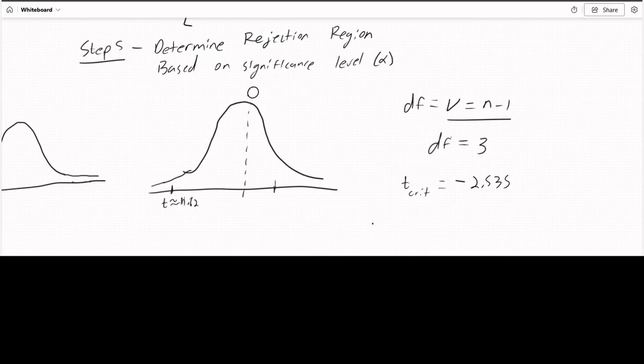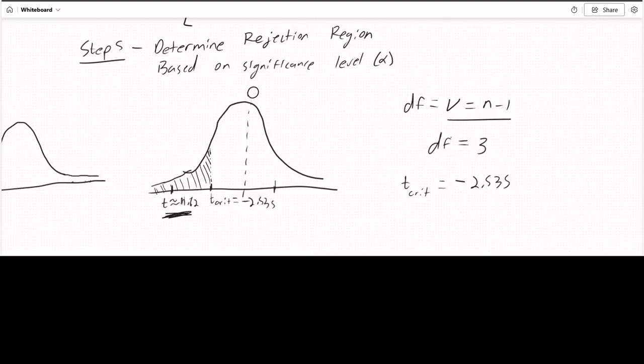So, adding that back to a chart, here is T critical, which is negative 2.535. Now that is, remember, the line of how extreme a value should be to be confident that we can reject the null hypothesis. And so anything along this region is convincing enough for us to reject the null hypothesis. Anything less than negative 2.535.